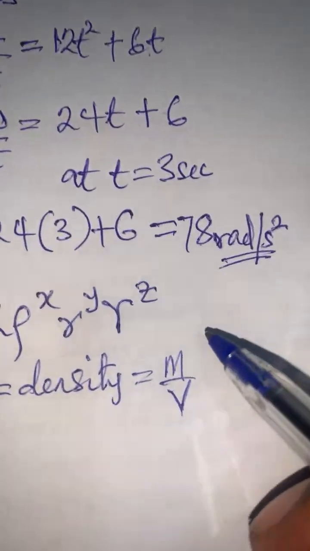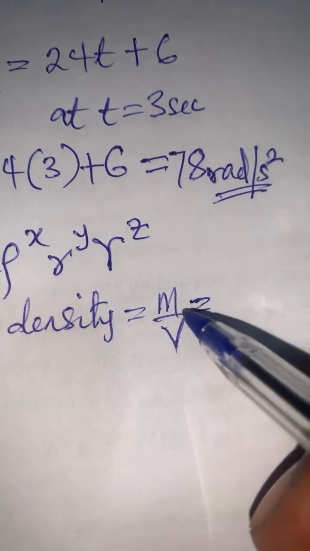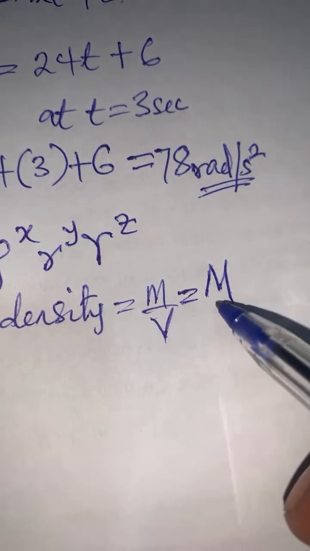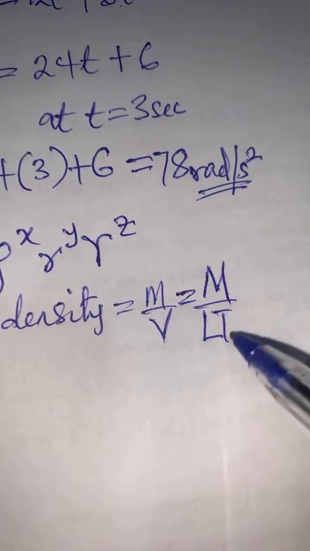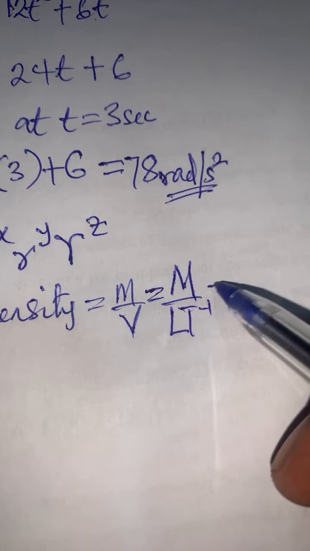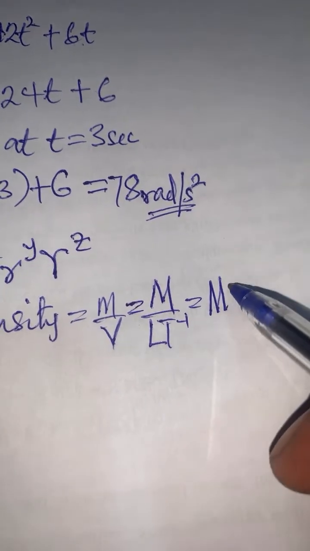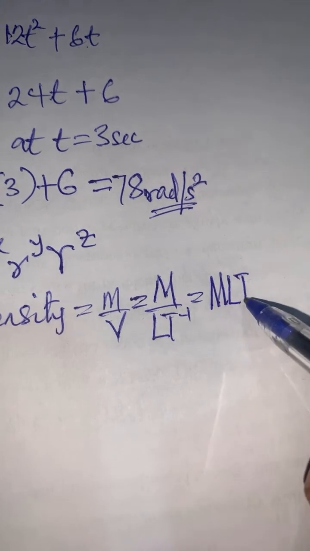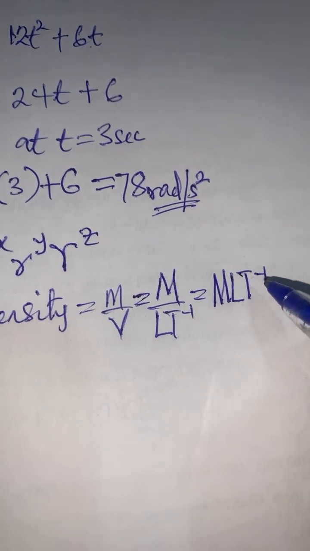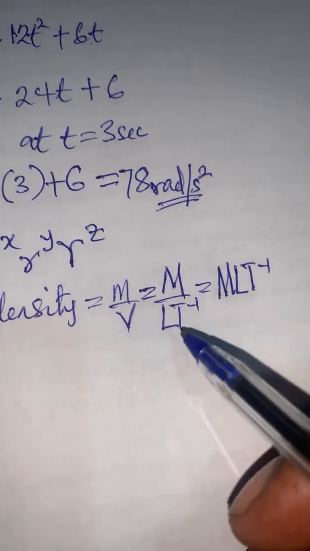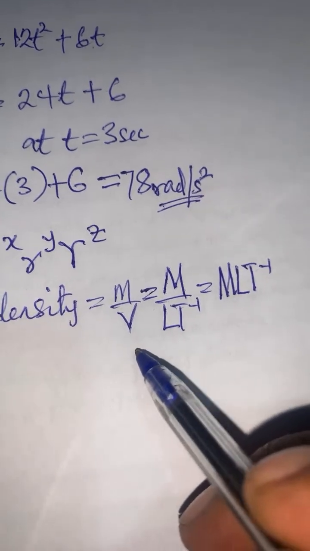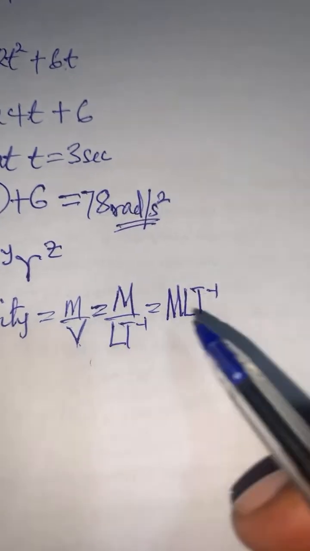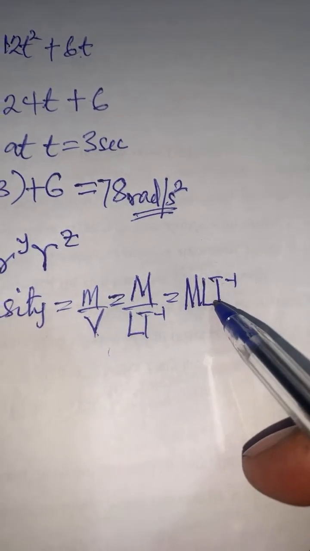That's okay. So since mass is capital letter M, velocity is LT to the power of minus 1, then the dimension will be M L, am I correct? T to power 1. Let's confirm that. Velocity is distance over time. Confirm if this is correct. That's what we're working on.